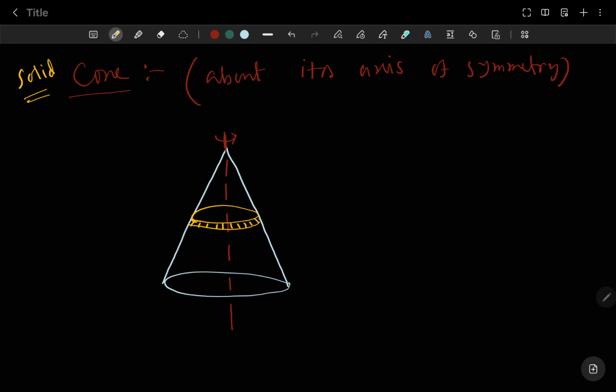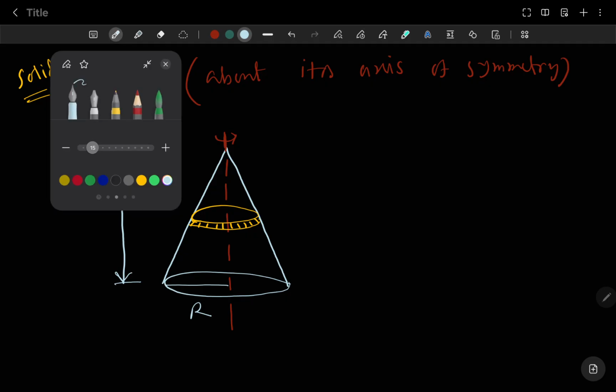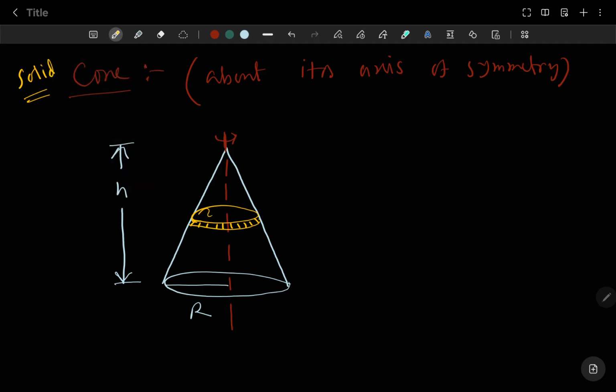Now you tell me one thing. Say the radius of the cone is r and height is h. So the radius of this disc, call it x, and the height from here to here, call it y.